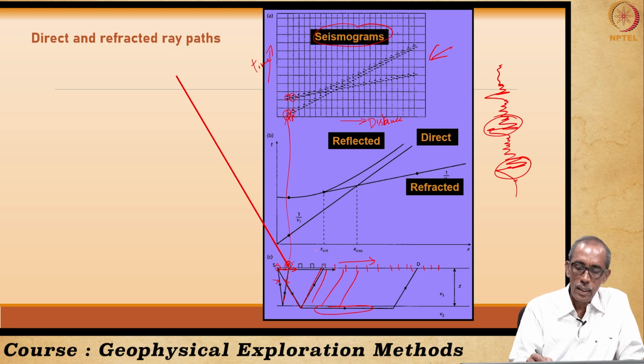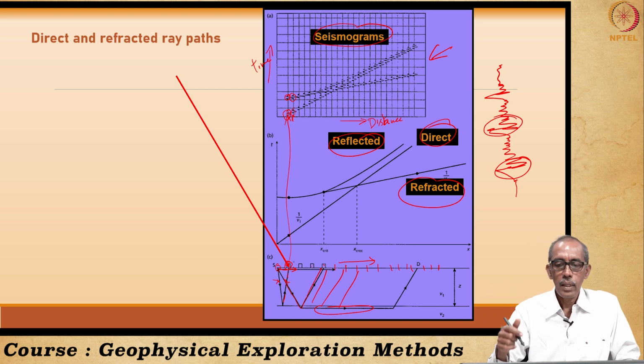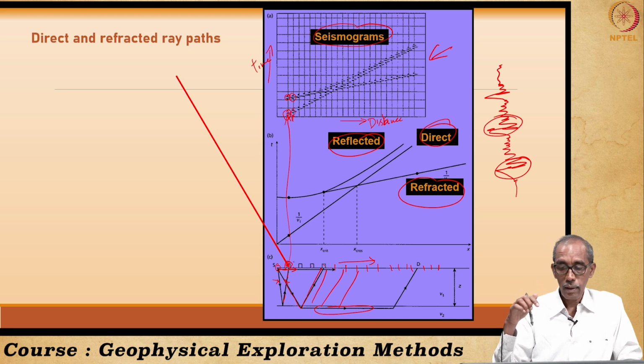One is the direct rays along the surface, then refracted and also reflected signals. But we are able to differentiate that, right, from the seismogram. How? That is what we are going to see here.